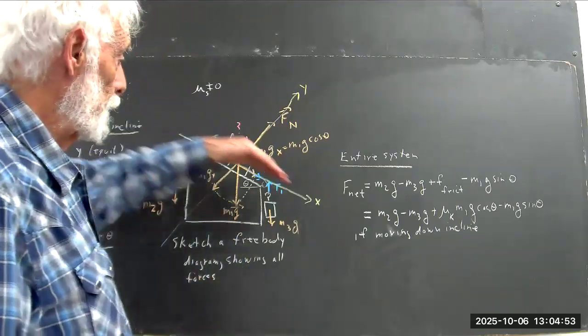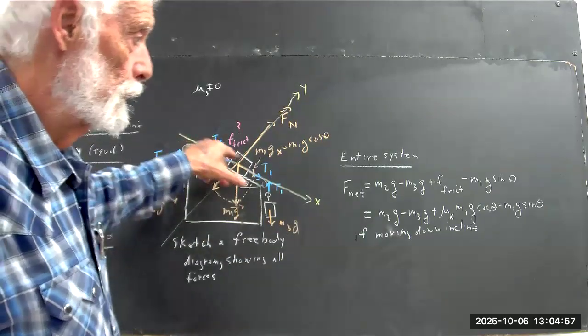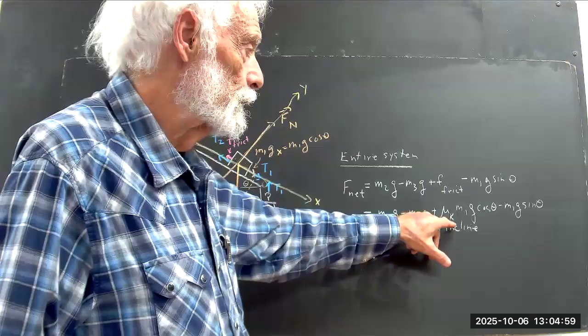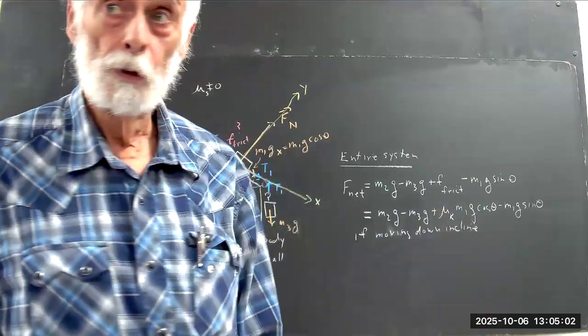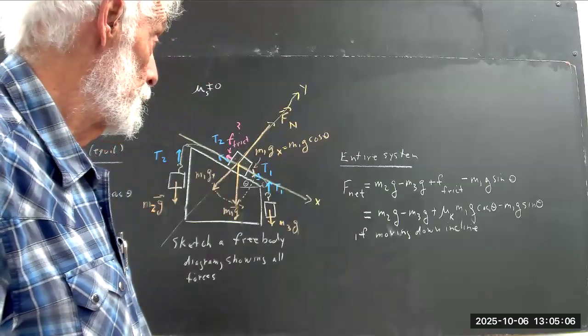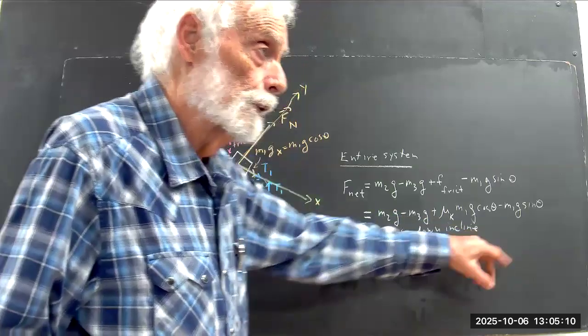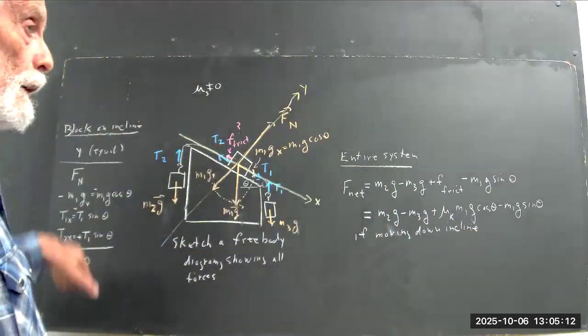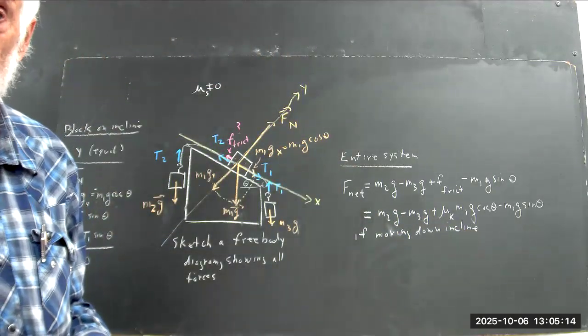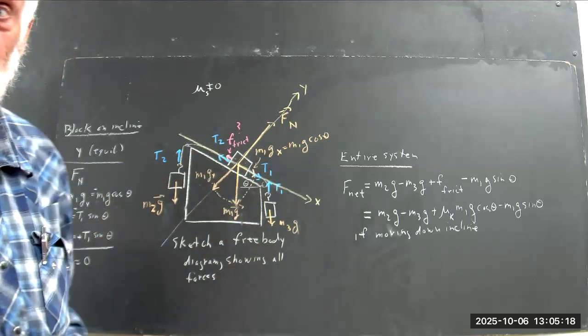Because if you're moving down the incline, then you do have a frictional force that's equal to the coefficient of kinetic friction times the normal force. And down the incline is the negative direction if counterclockwise is taken as positive, which it generally is if you have something that's got some rotational aspect to it.